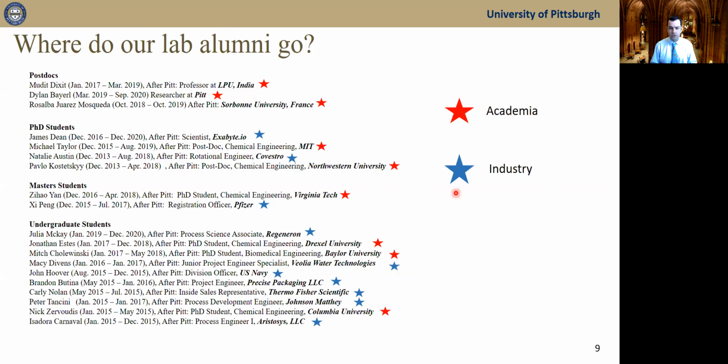Focusing on the most recent PhD graduates from our lab, you will see that they go both to leading universities such as MIT and Northwestern University, and also leading industries in the United States. And here are some examples of our recent alumni, all the way from the undergraduate level to the postdoctoral level.